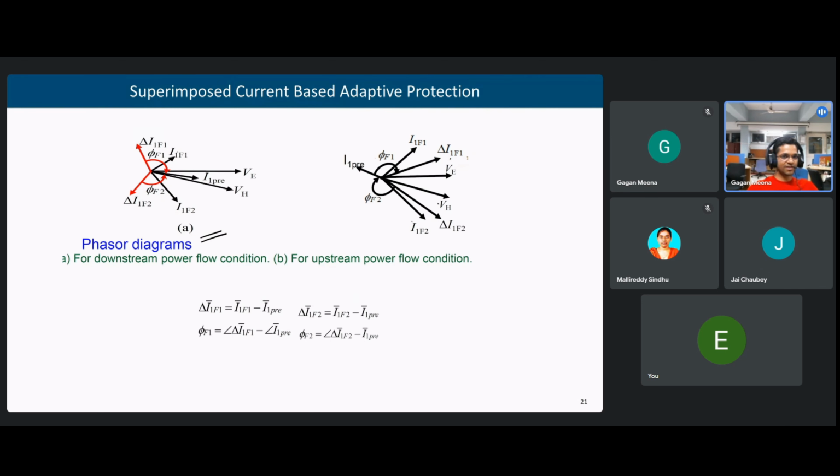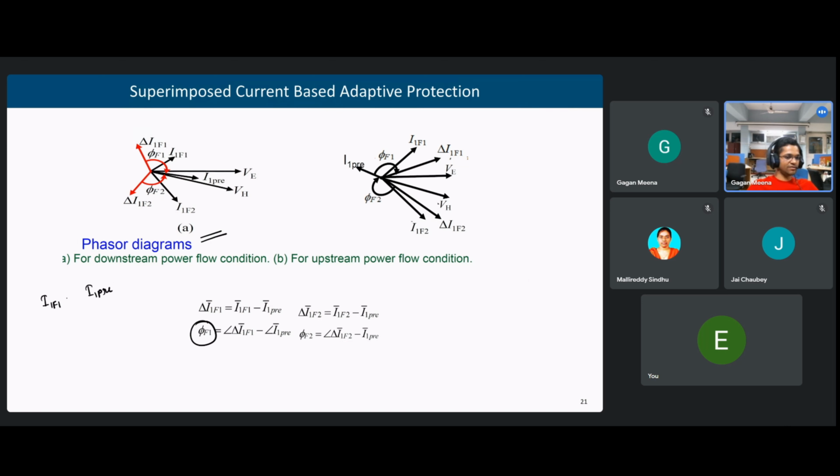So in this superimposed current based technique, what are we doing? This angle is between which two quantities? We have the positive sequence fault current and the positive sequence current before fault.